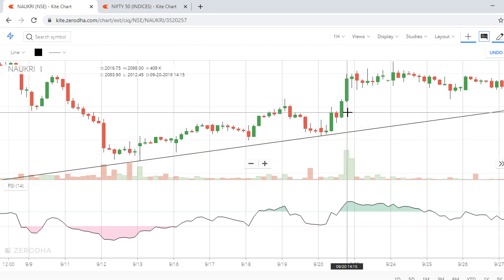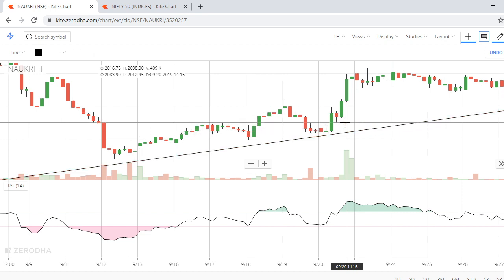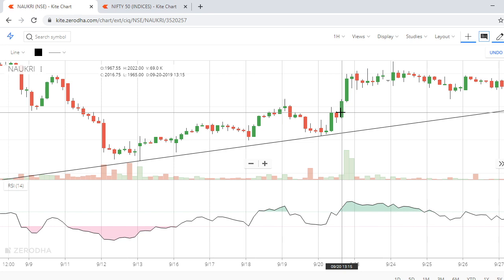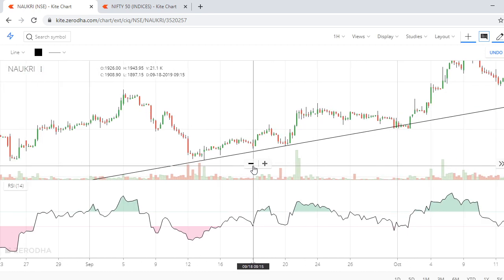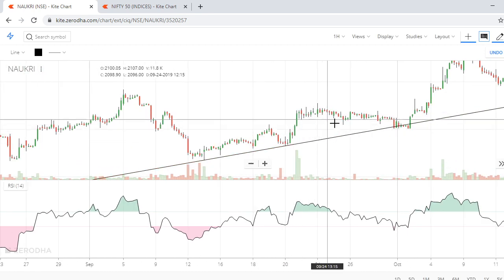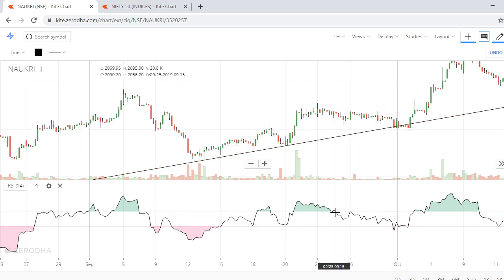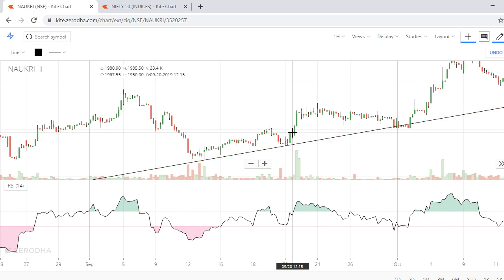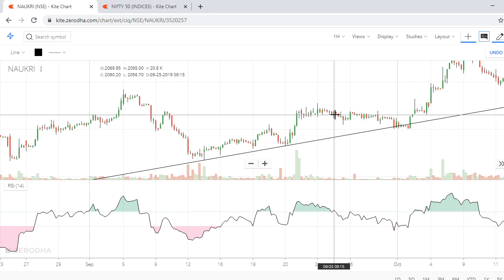The value is 1982 with an SL of 1916. If somebody might have taken this, then see the moment it went up. How long can you hold this level? Till it closes your support or it comes below 60. So if you entered here, you can hold this till it comes below 60 here. So it is the better range to book profit. We were only able to gain a small profit.